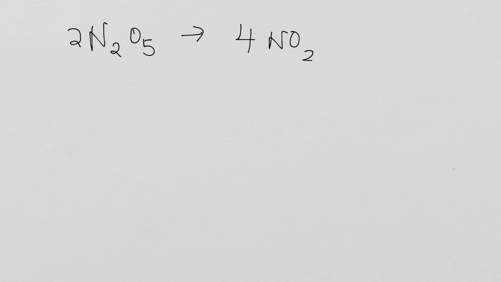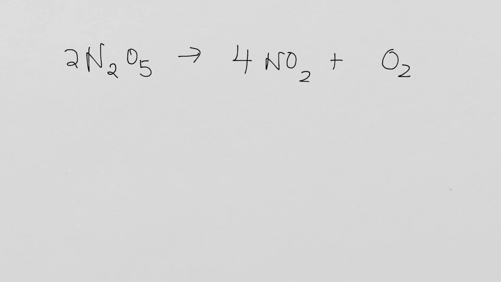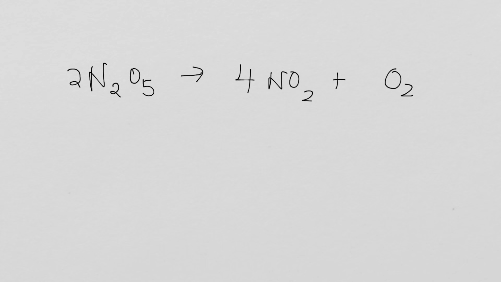So let's copy down this. This is the same reaction, balanced, so same ratio. What if this time we react, let's say, 5.01 times 10 to the 19 molecules of N2O5.